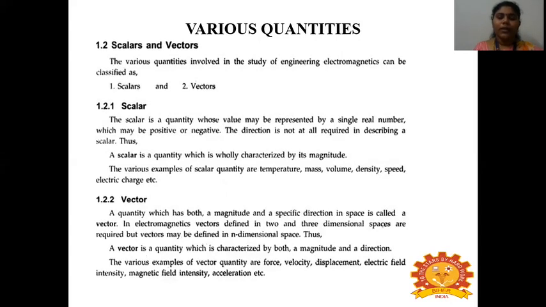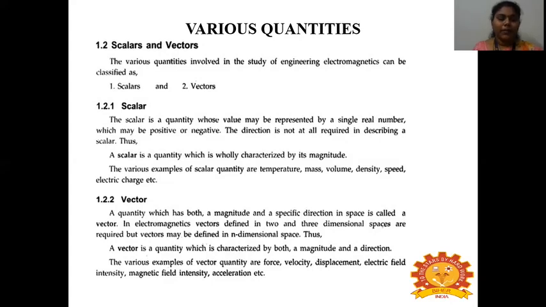It does not require any direction to describe that scalar quantity. A scalar is wholly characterized by its magnitude alone. Examples of scalar quantities are temperature, mass, volume, density, speed, electric charges, etc.